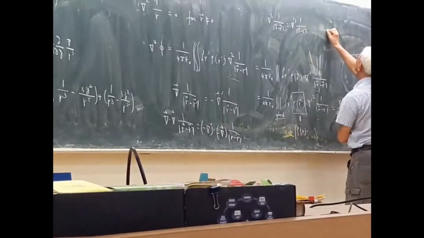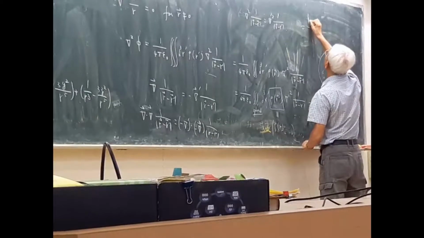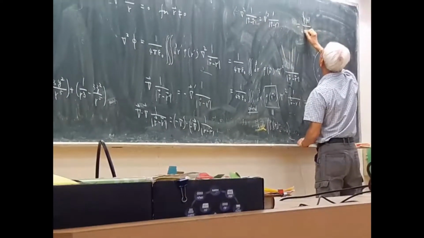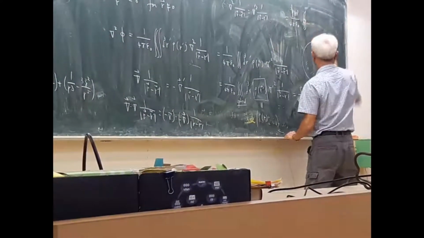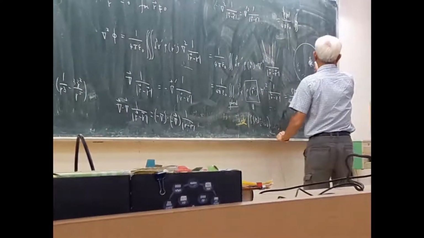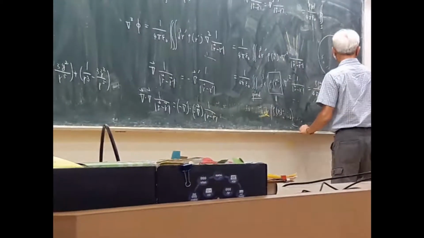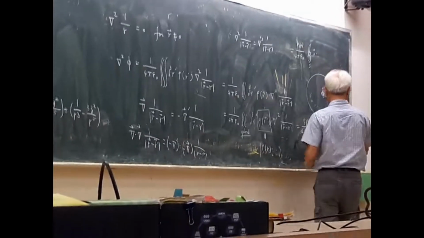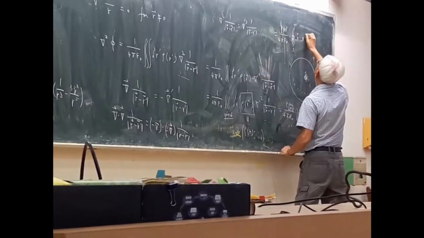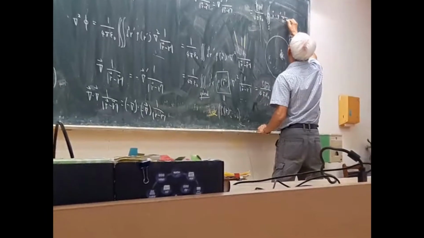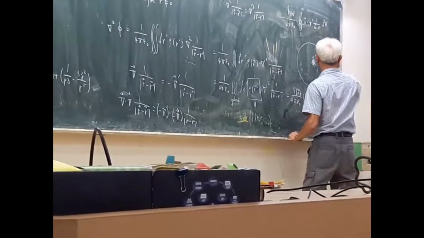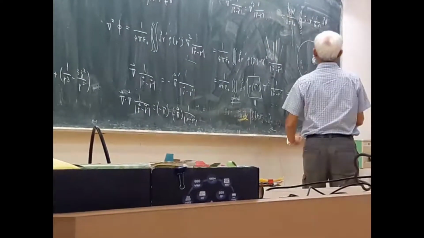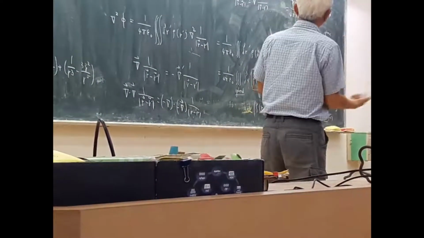So this is equal to rho R over 4 pi epsilon naught, R on the surface, dot gradient, squared A, this surface area integration. And that can be calculated.